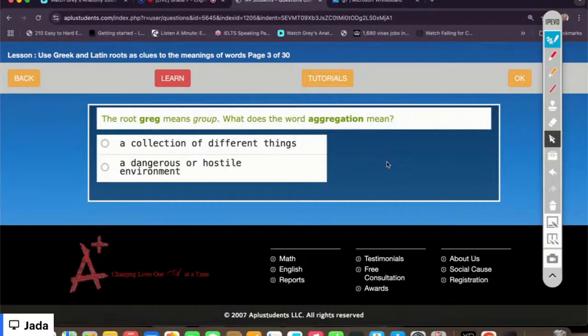So the root gre means group. What does the word aggregation mean? A collection of different things, or a dangerous or hostile environment?